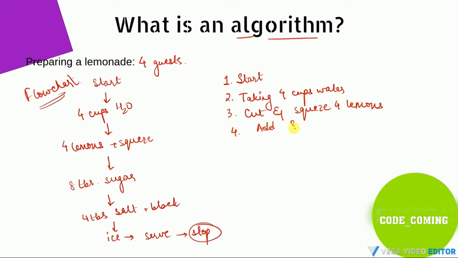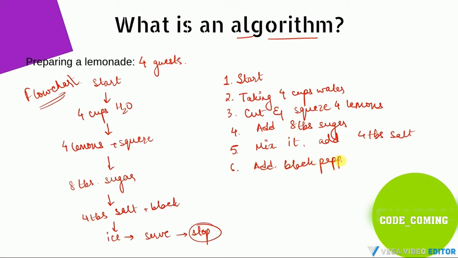Add 8 tablespoons sugar. Mix it. Add 4 tablespoons salt. Add black pepper and ice. Serve it, and finally stop. So what we just wrote was a step-by-step procedure to prepare lemonade. This is what is known as an algorithm.